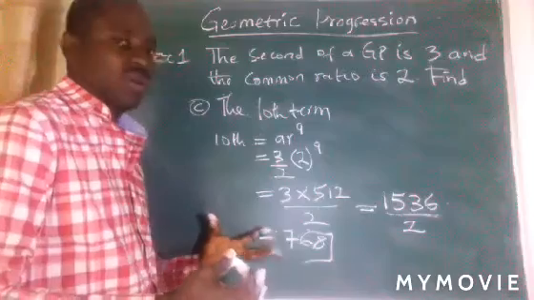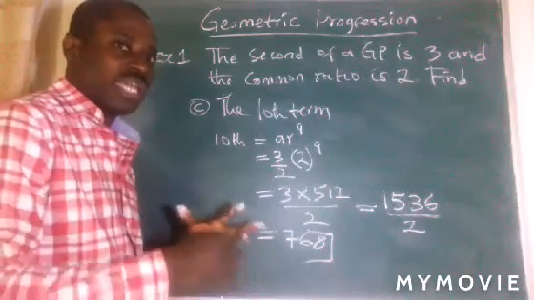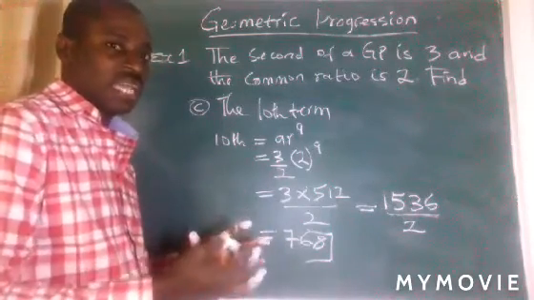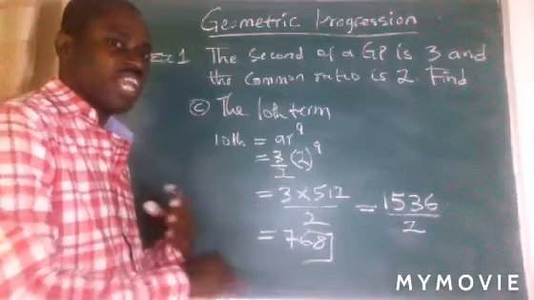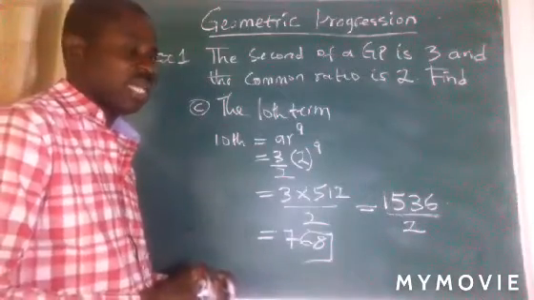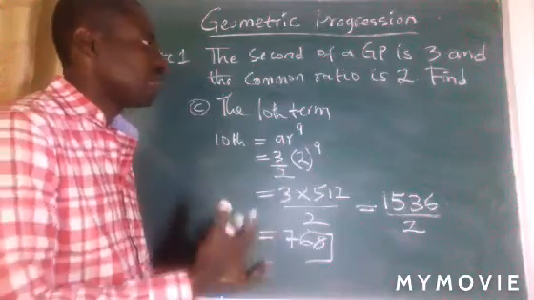Then we also recall that we have what is called the nth term. The nth term can also be used to find any of the terms in the sequence. Let's, for instance, find the 8th term using the nth term formula.